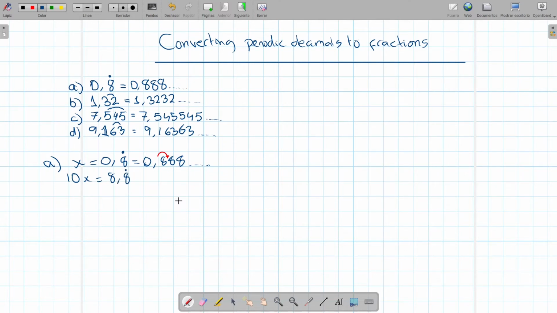Then for the second part of the method, we're going to multiply x as many times as we need by 10 again, so that we get the sequence that is repeated just after the decimal symbol. But in this case we don't have to do it, nor in the first three cases, because the sequence is already to the left of the decimal symbol.